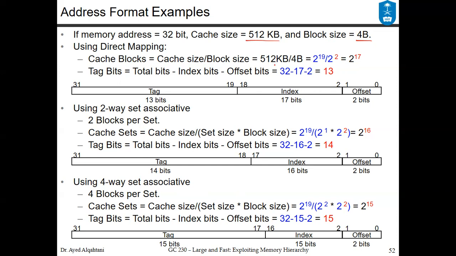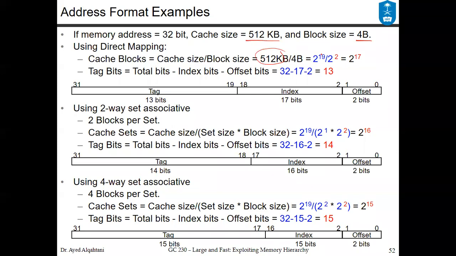And the cache size is 512 KB, and the block size is 4 bytes, which is equal to 2 to the power 19. This is the 512 KB, 2 to the power 19. Remember that the K or kilo is equal to 2 to the power of 10.